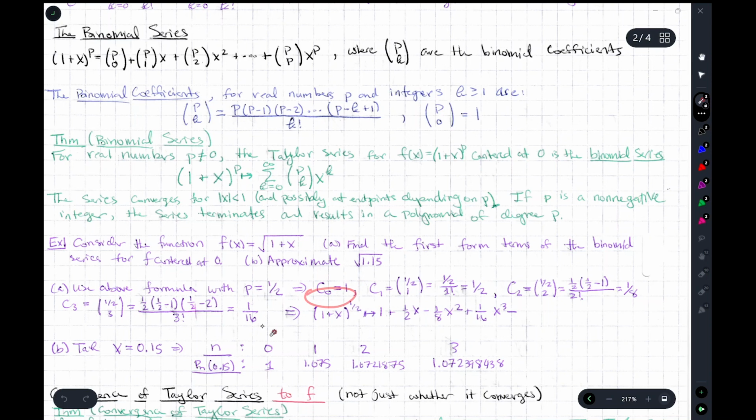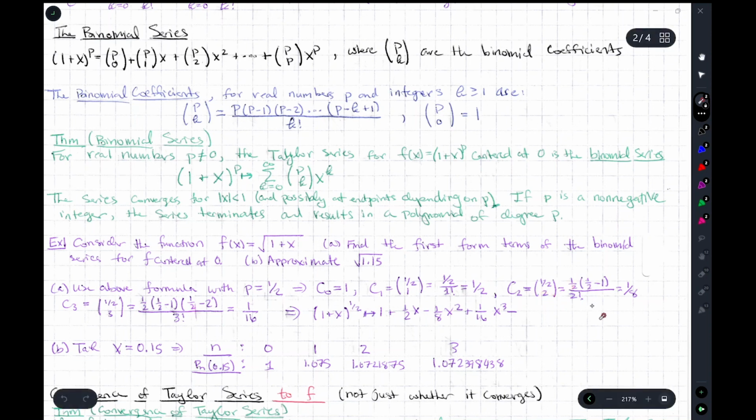C naught is just 1. That's the k equals 0 term. What about k equals 1? That's just going to give us one term, p over 1 factorial, and we'll get a half there. What about when k equals 2?